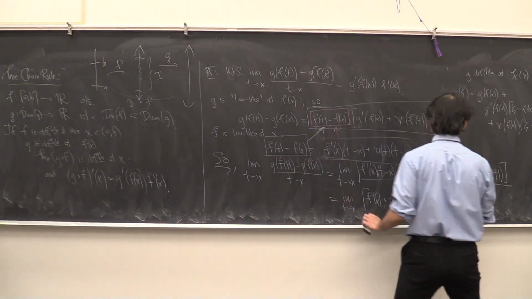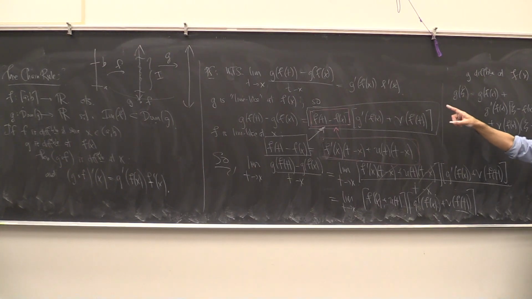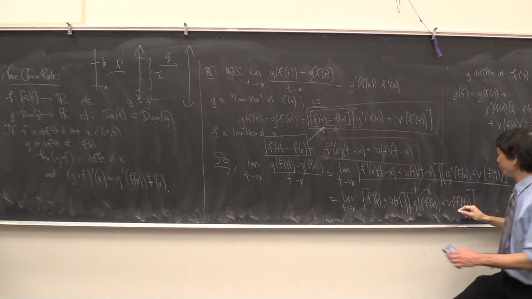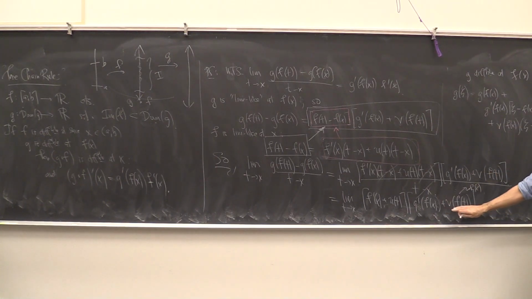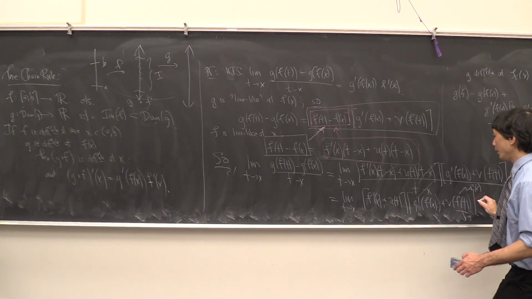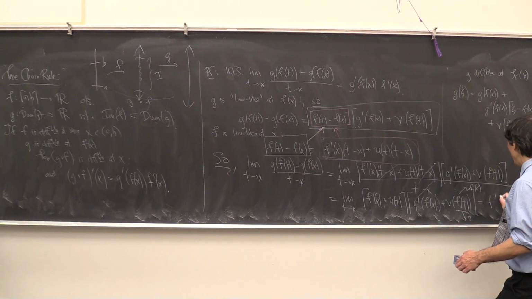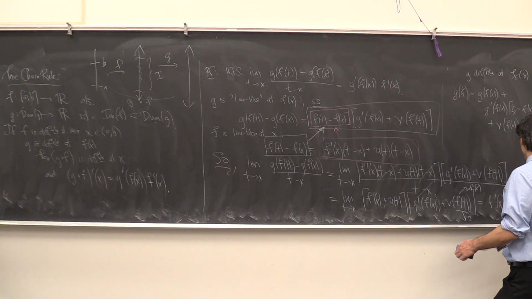As t goes to x, f of t goes to f of x by continuity, and here's why we had to assume f was continuous. So f of t goes to f of x, but as that goes to f of x, v goes to 0, so this goes to 0 also. And so you're left with f prime at x times g prime at f of x, which is what you get.